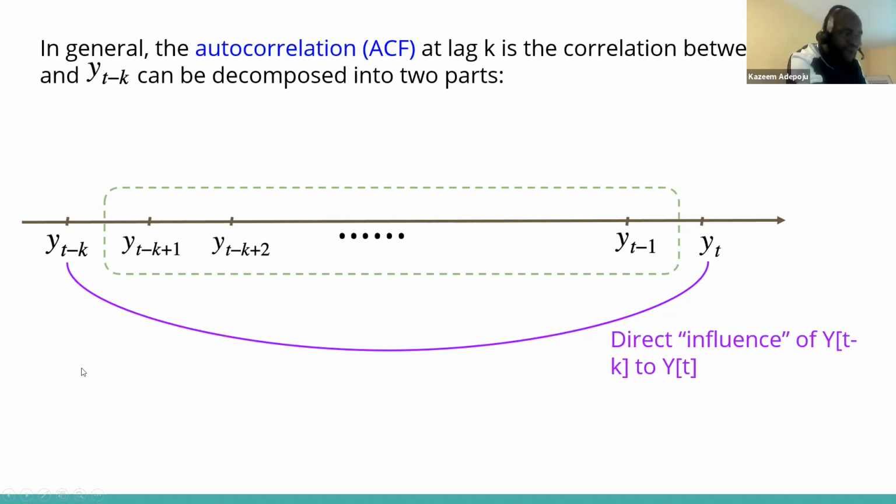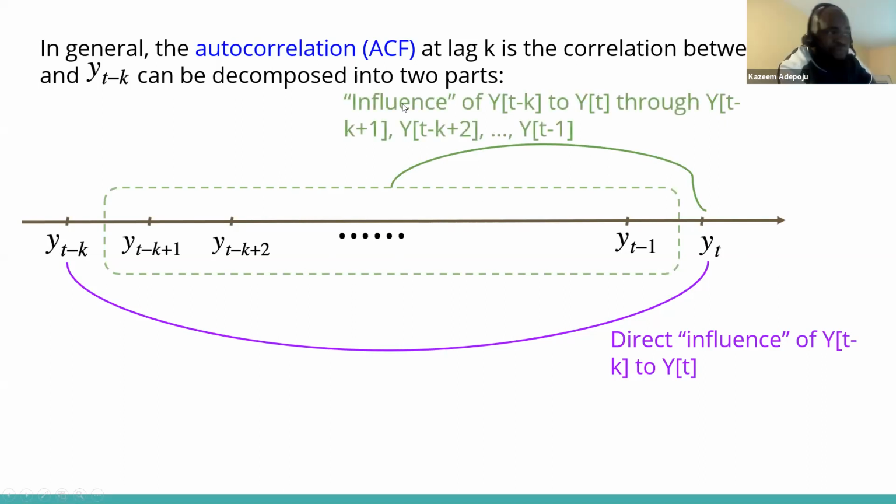If I want to look at the direct influence on my revenue, what I realized in these two periods, I cannot do that without the influence of the ones that come in between. That was why I call it the influence of yt minus k on yt, through yt minus k plus 1.